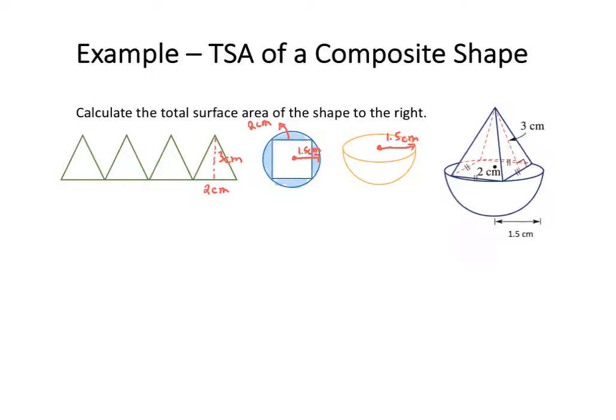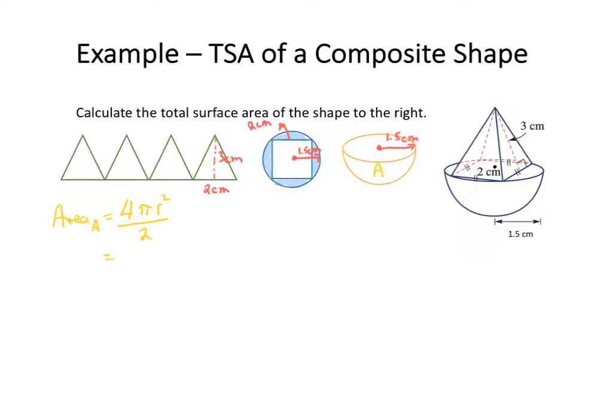So we'll start off with calculating the area of the semi-sphere. We're going to call that A. So the area of A, we can use the formula for the total surface area of a sphere and divide it by 2. So it's going to be 4 pi r squared divided by 2.